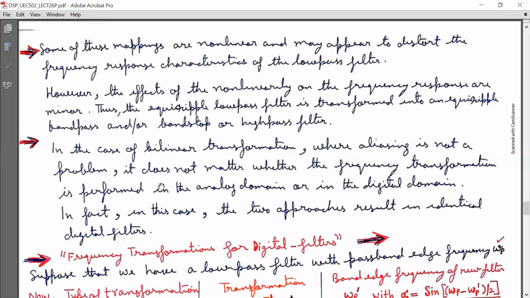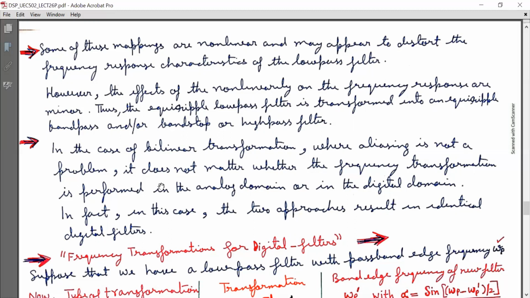Now, some of these mappings are nonlinear and may appear to distort the frequency response characteristics of the low pass filter. However, the effects of nonlinearity on the frequency response are minor. Thus, the equiripple low pass filter is transformed into an equiripple band pass, band stop or high pass filter.